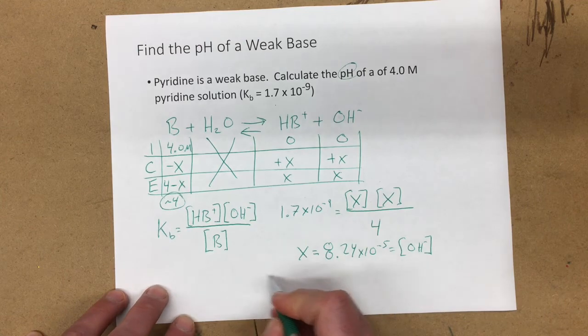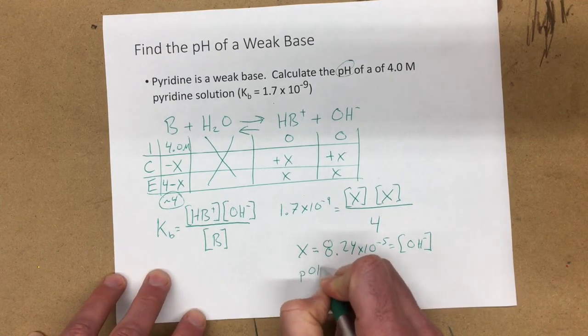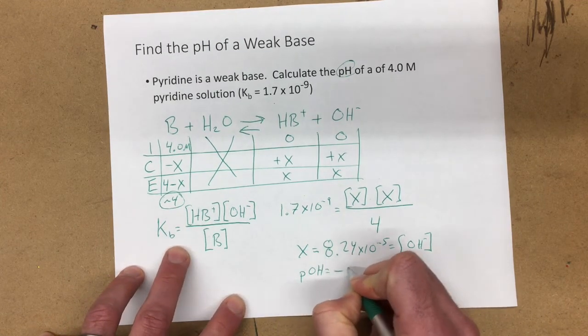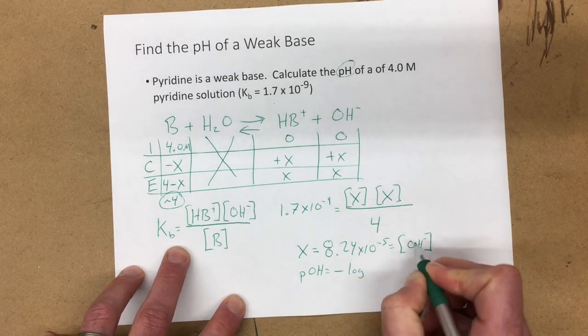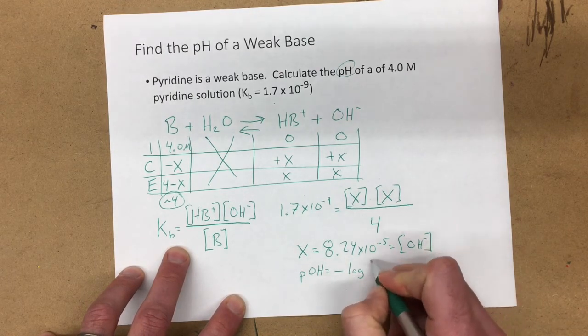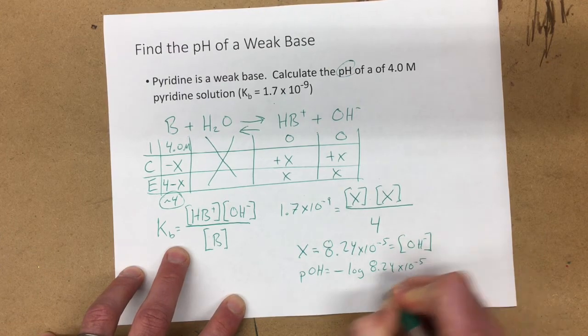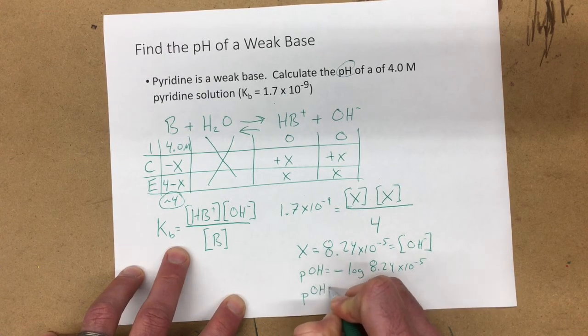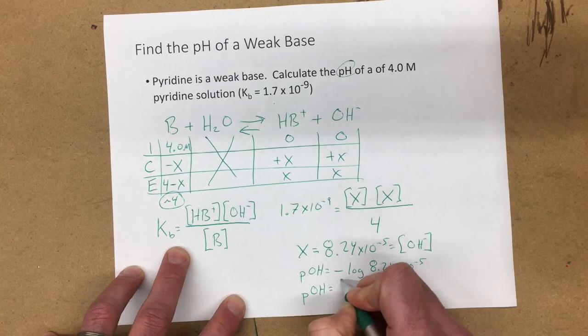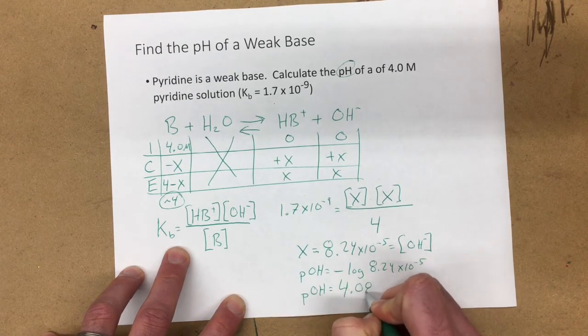So now we're going to use that hydroxide concentration to find the pH, which is what we're trying to find. Easiest way to do that is probably to find the pOH. So remember, pOH is negative log of the hydroxide concentration. So negative log of 8.24 times 10 to the negative 5. And we find that pOH is equal to 4.08.